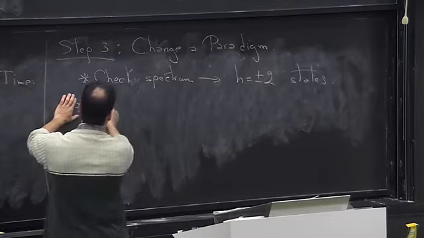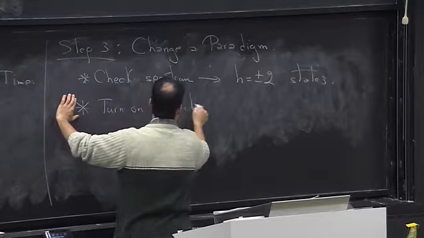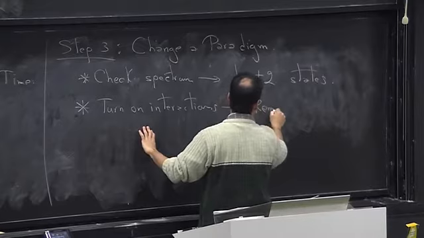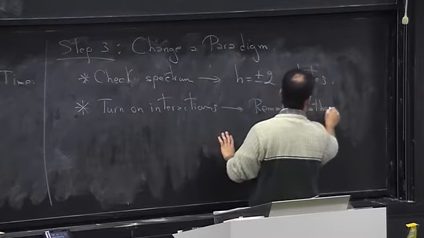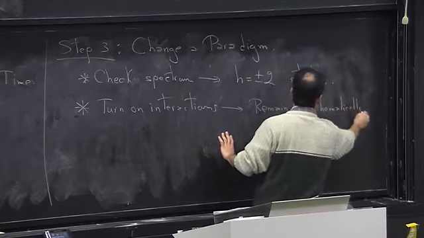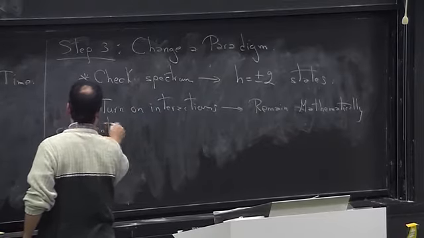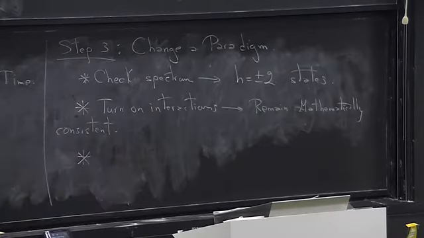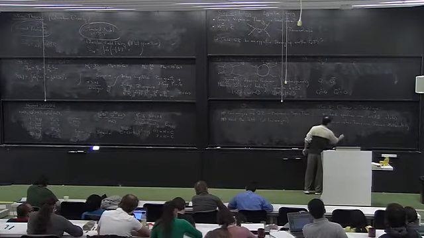The other thing is that when you turn on interactions, the theory should remain mathematically consistent. And last but not least, if we call these A and B, you need A and B to be satisfied.